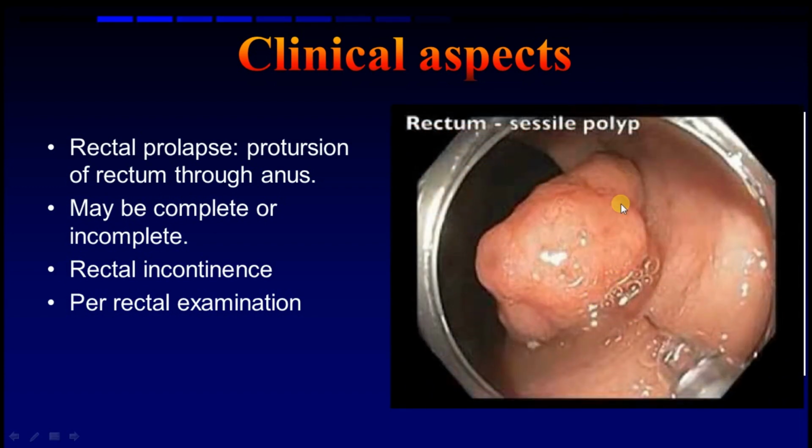Polyps. Rectal polyps are growths from the lining of the wall of the rectum. It might be a single polyp or sometimes multiple polyps. They might be harmless, but sometimes as time advances, after three to four years, they might turn into rectal carcinoma.